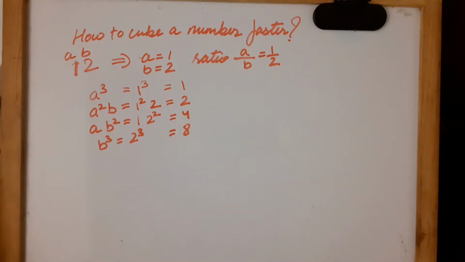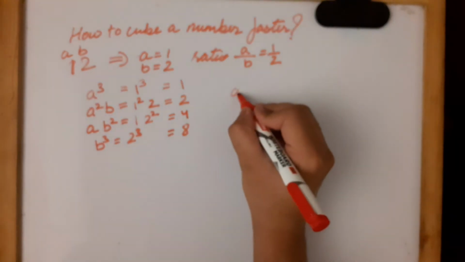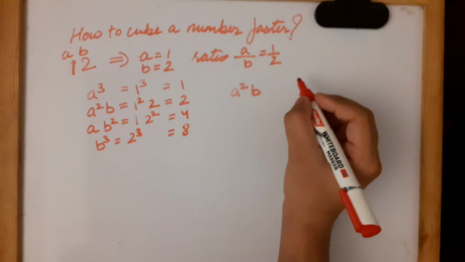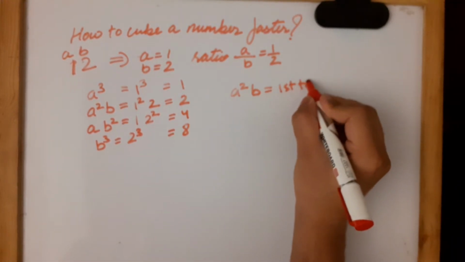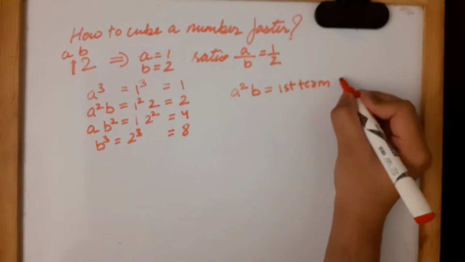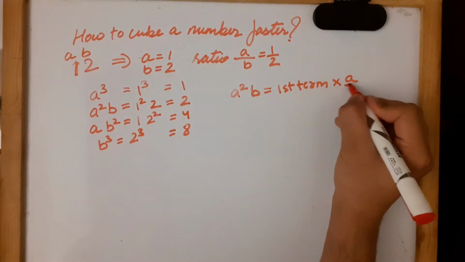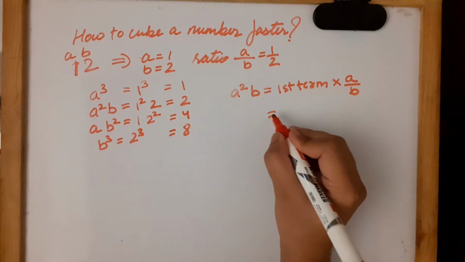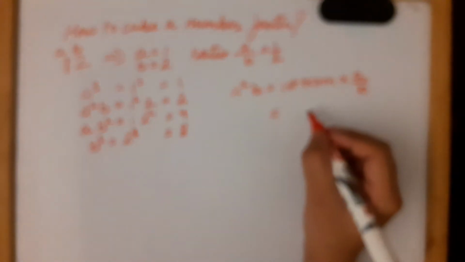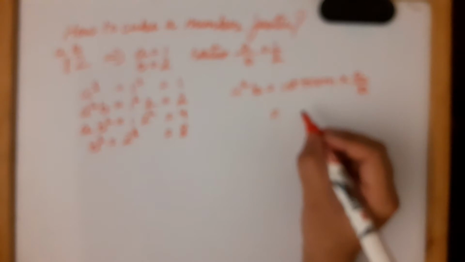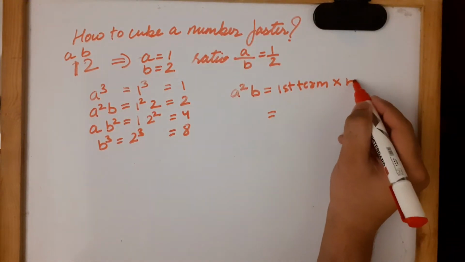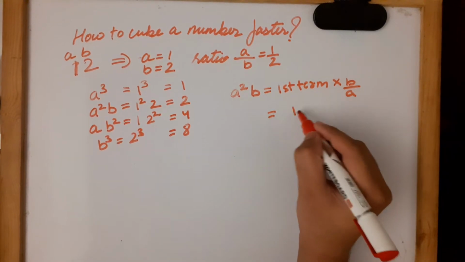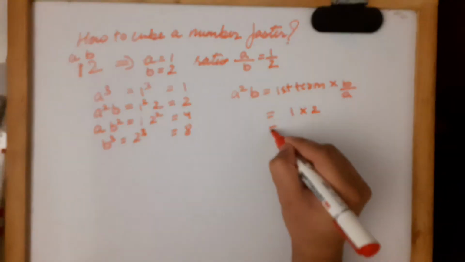And now suppose you can't take out a square b very fast, if it's a big number. So what you can do is just take the first term multiplied by b upon a. First term is 1, and multiplied by 2, it is 2.